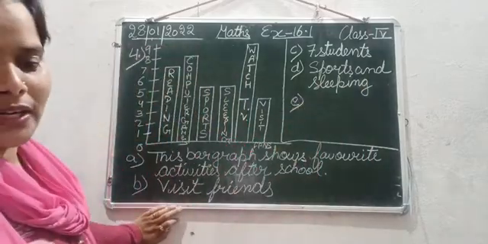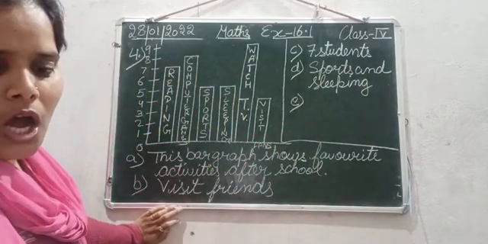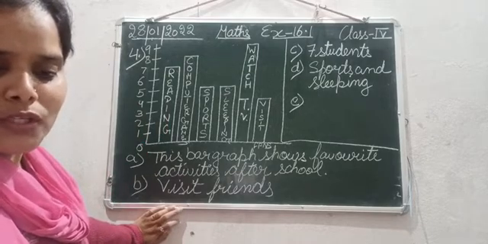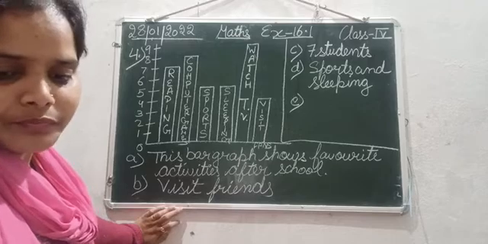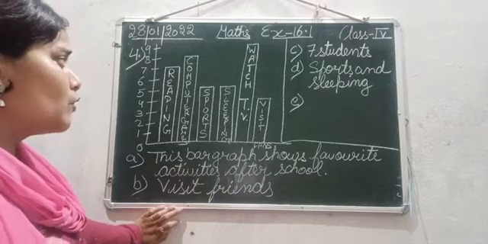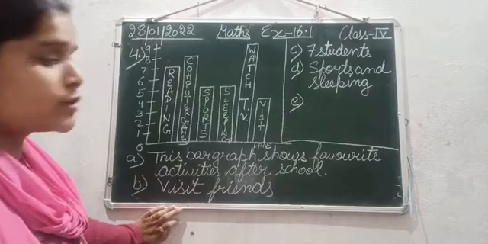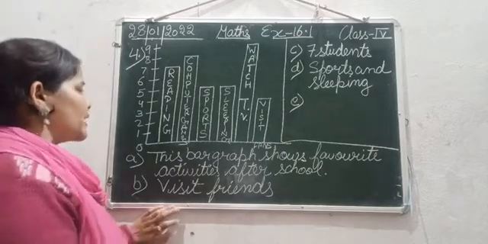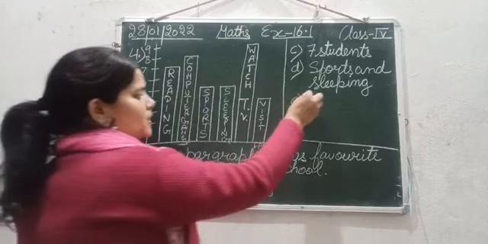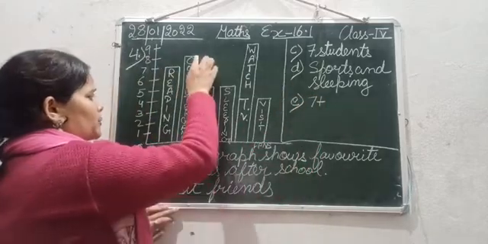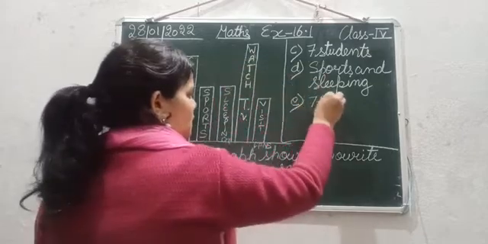Moving next to E. How many students were surveyed? So how many total students were surveyed? For that, we need to add all the numbers of the different students. So reading वाले कितने हैं? That is 7, plus computer games, that is 8.